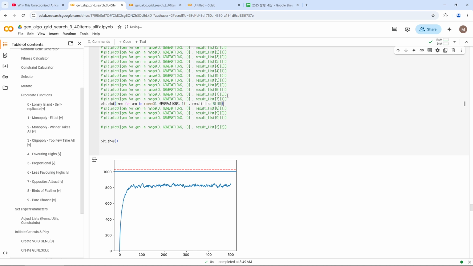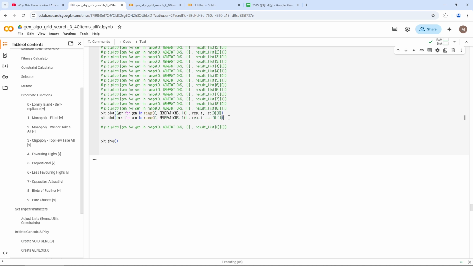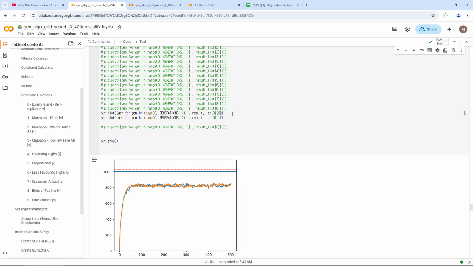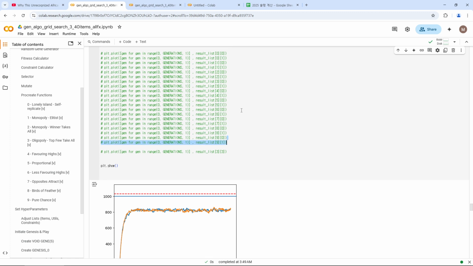There's no peak, there's no dip. Same there. And the tenth one is pure chance. About the same. About the same too.